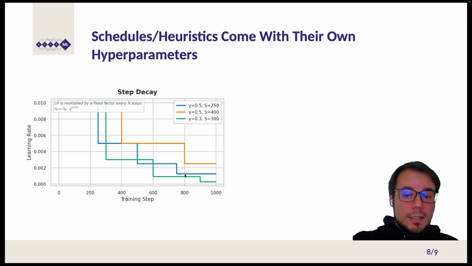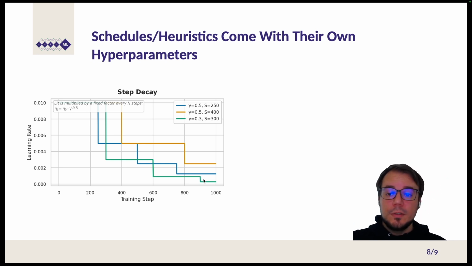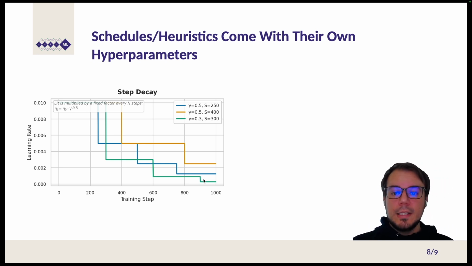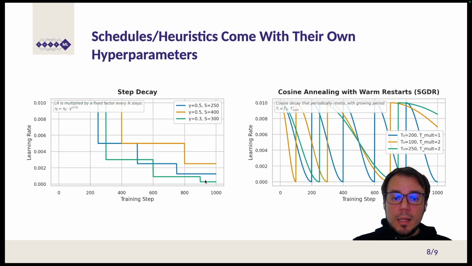And you see, these behaviors are very different in terms of how the schedules for the learning rates look, and that also induces very different behavior in the actual learning of the parameters of your neural network. You can also have more complicated schedules.